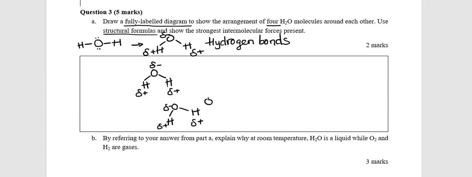Okay, and then you have one here. So that's minus, that's plus, and maybe we have another one, and then we have H, so that's minus, that's plus, that's plus. Okay, so I have the positive and the negative dipoles already.